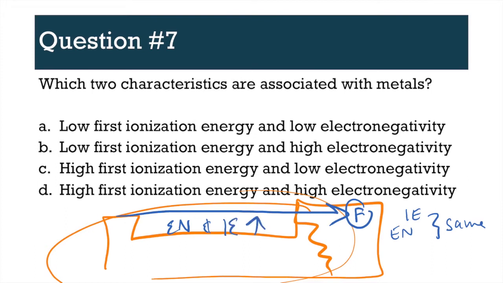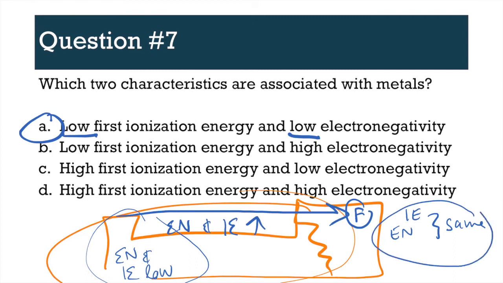So if fluorine has the highest electronegativity value and the highest ionization energy, that means for metals, the electronegativity and the ionization energy are both low. So we want low ionization energy and low electronegativity. Again, these two things do exactly the same thing.